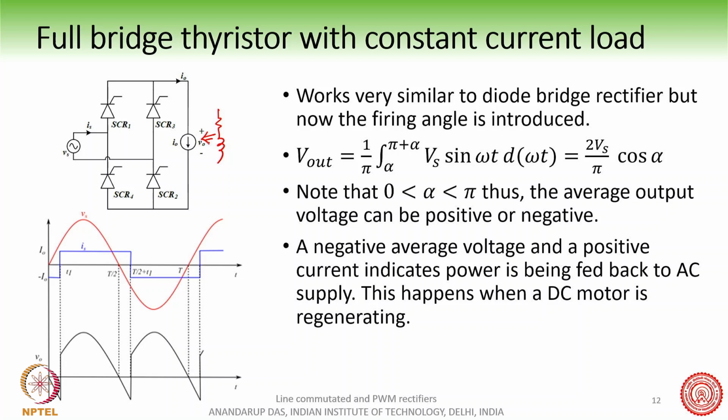But for this RL load of the motor, the time constant can be several hundreds of milliseconds. So in that case, the load current does not change appreciably over one fundamental AC cycle. And therefore we can replace the RL load with a constant current load. If you have a constant current load, then the waveform of the current becomes like a square wave.